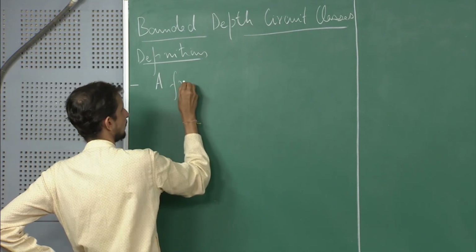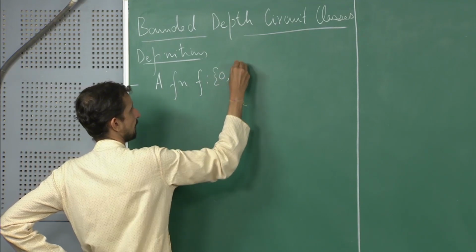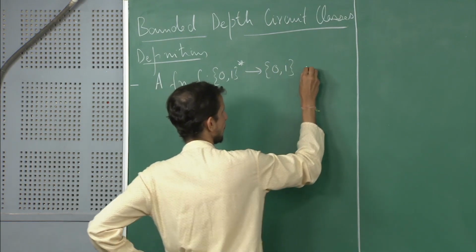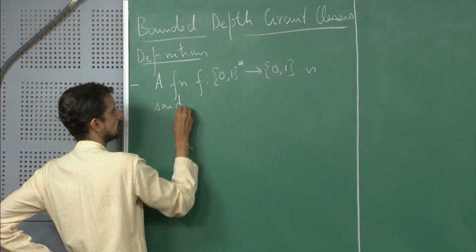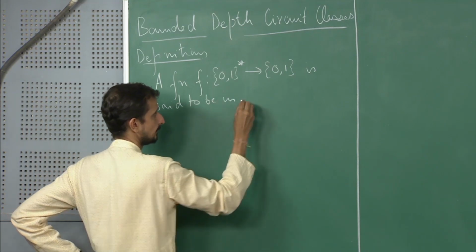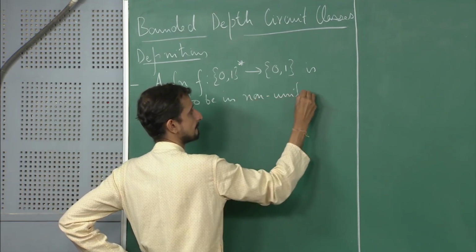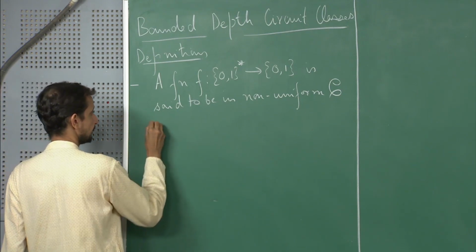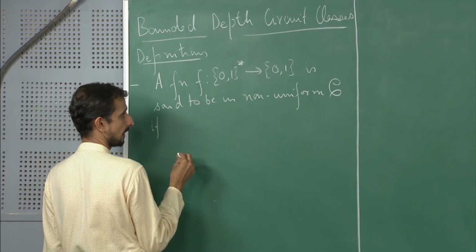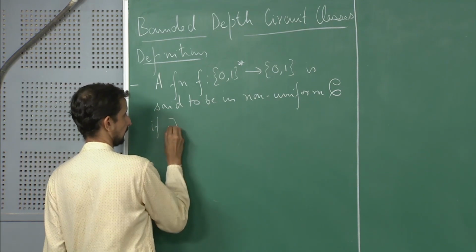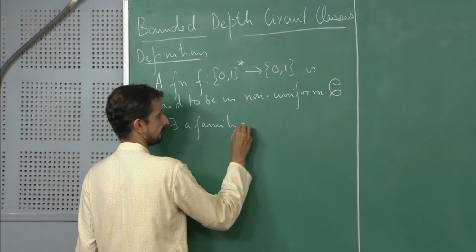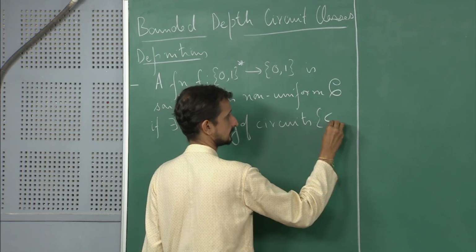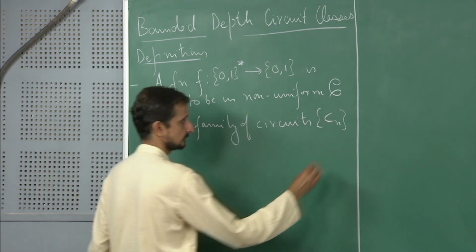A function f from 0 1 star to 0 1 is said to be in the non-uniform class, let us say some C, some arbitrary class, if there exists a family of circuits Cn, indexed by n.